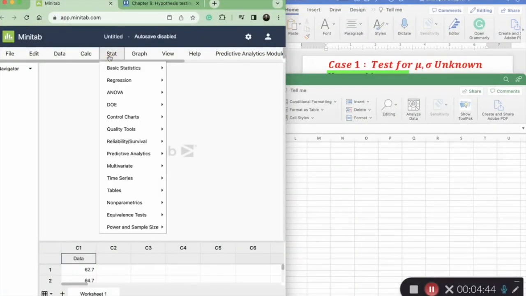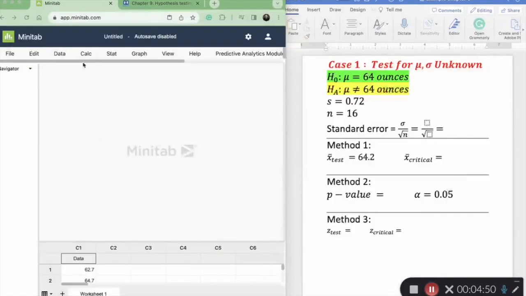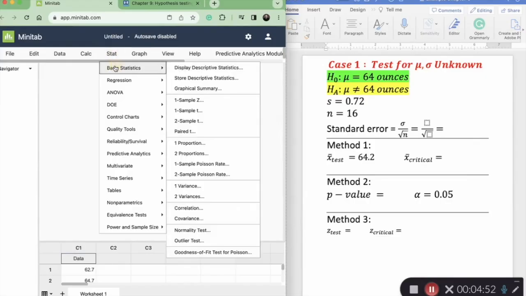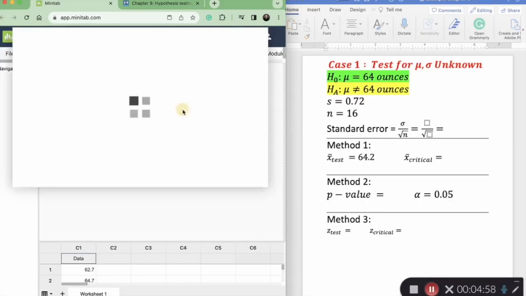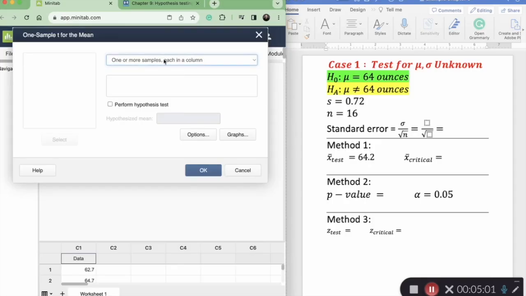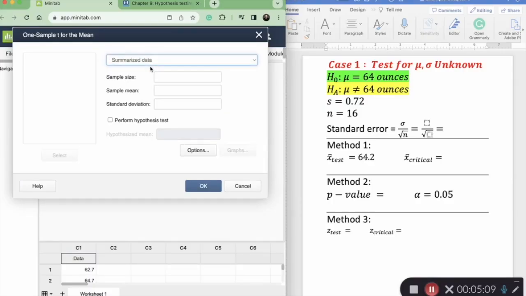Stat, Basic Statistics, 1-Sample t. Now, we can do this either with one or more samples each in a column, or we can use summarized data. With summarized data, we have the sample size, the sample mean, and the standard deviation.